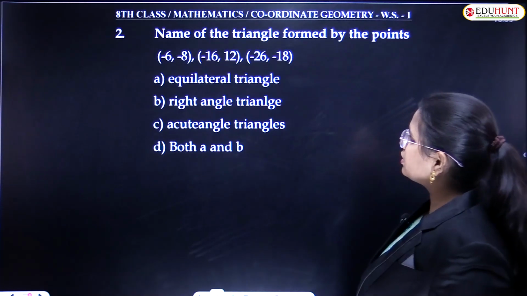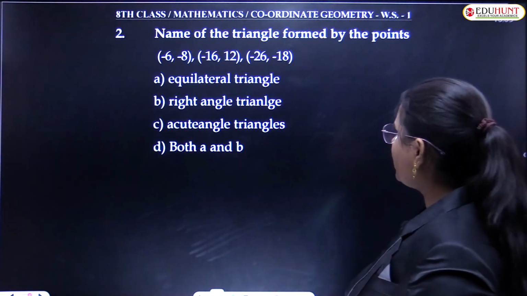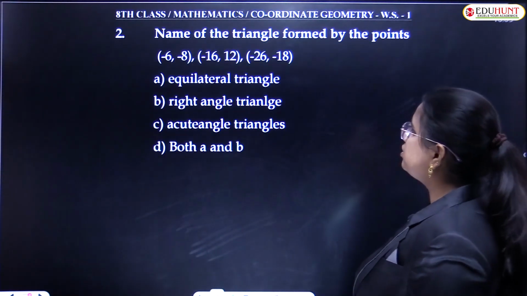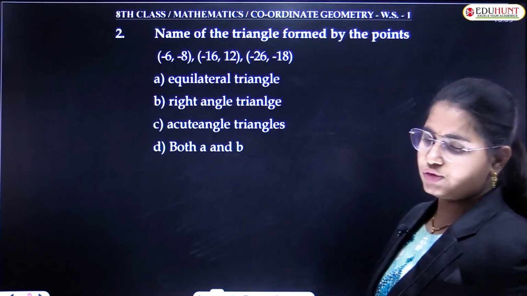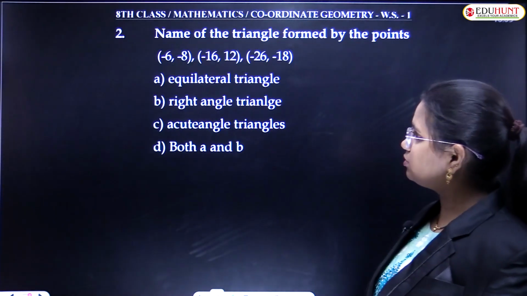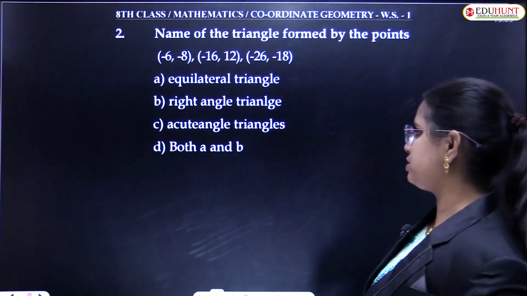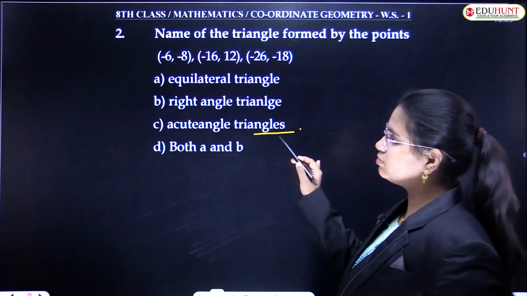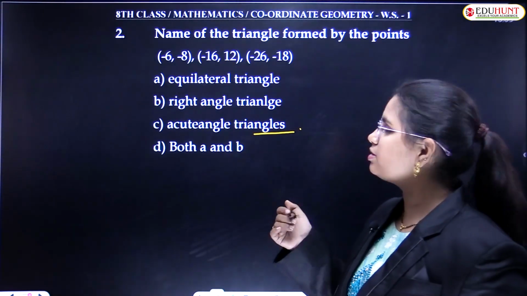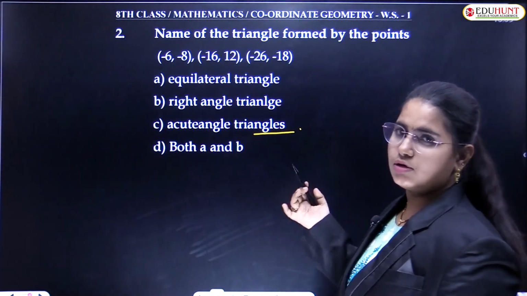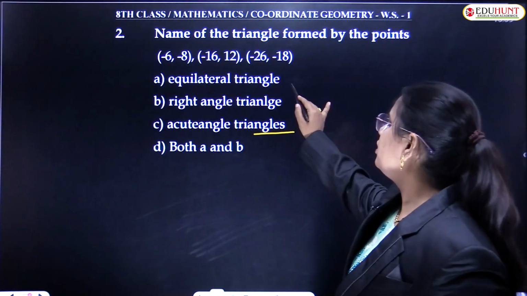So what is the next question here? Name the triangle formed by the 3 points. So here you need to find the type of triangle formed by the 3 points. Before finding which type of triangle it is, I should know the concept of how to find it out, right?